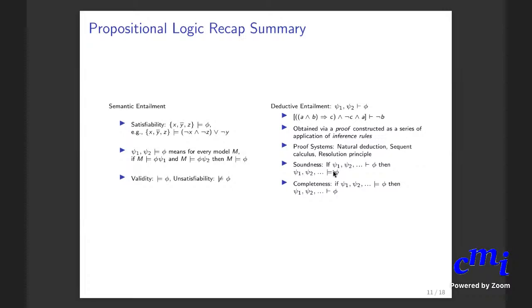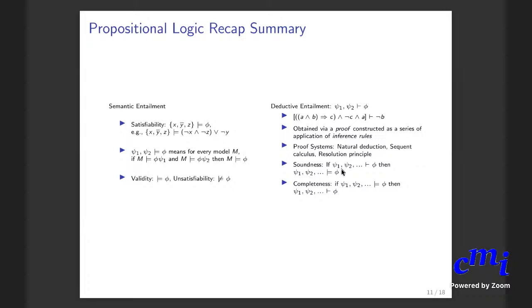If, using the inference rules, you can derive phi as a logical consequence of a bunch of assumptions, psi1, psi2, and so on, then it should also hold as per the semantics, as per the definition of semantic entailment.